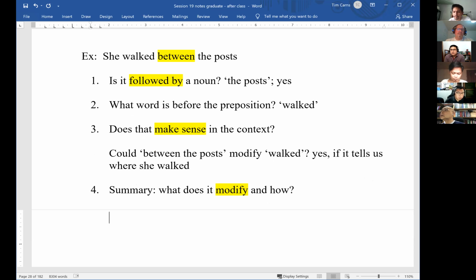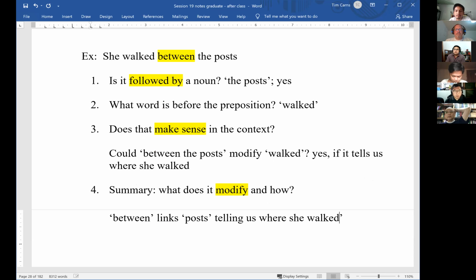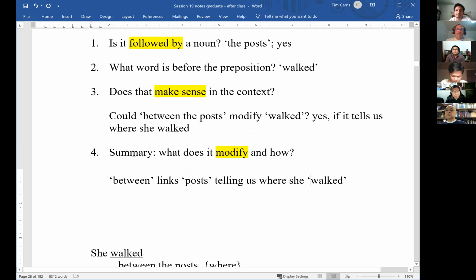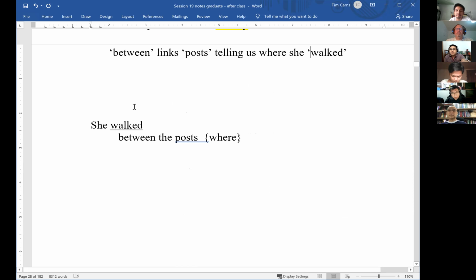So the summary is between the posts tells us where she walked. That's the idea. And this is how you would diagram it. She walked, and then between the posts answers the question where she walked.